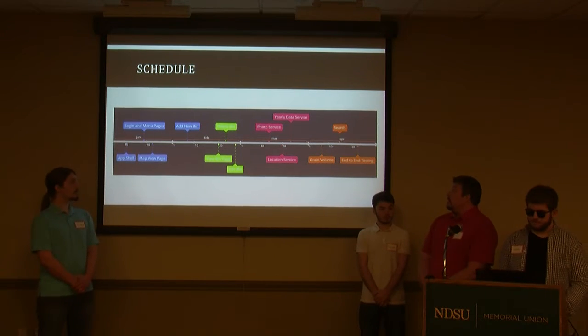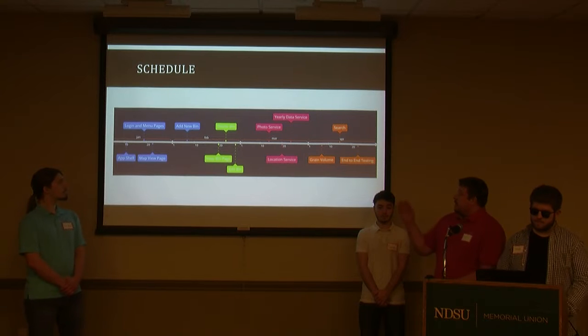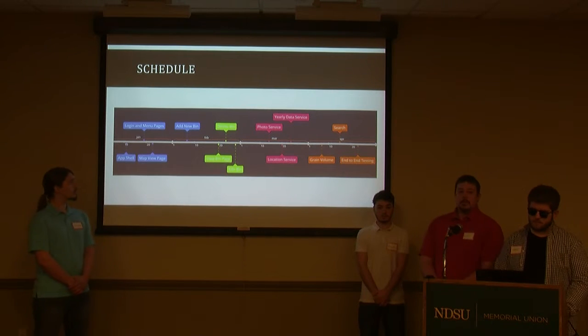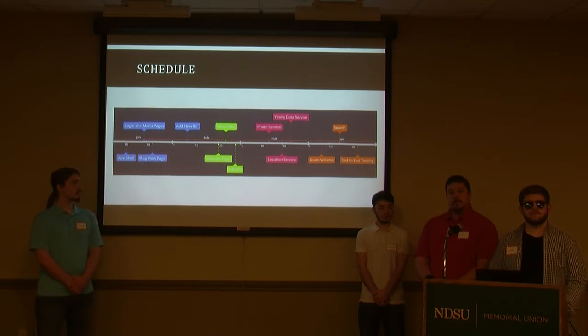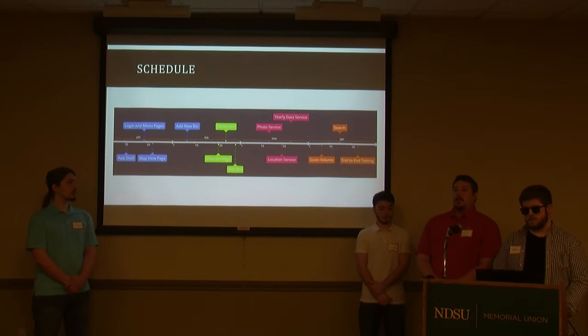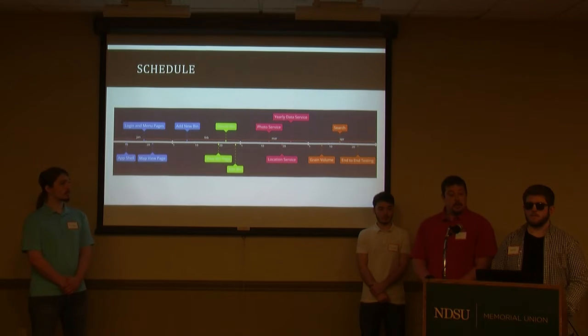The second two colors, on the right, are the work that we've done since midterm to finish the project. A lot of these items did not meet our initial targeted deadlines. They proved to be a little bit more complicated than we initially thought.